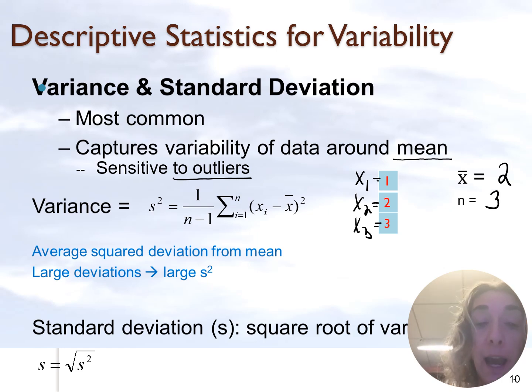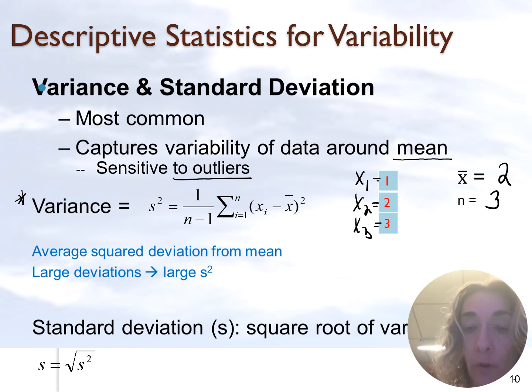Okay, so to calculate the variance, this is what the formula looks like. It's a lot more complex looking than it actually is. But all that the variance involves is differences or deviations of each data item, 1, 2, and 3 in this case, around the mean. So the difference between each data item, each xi, and the mean.